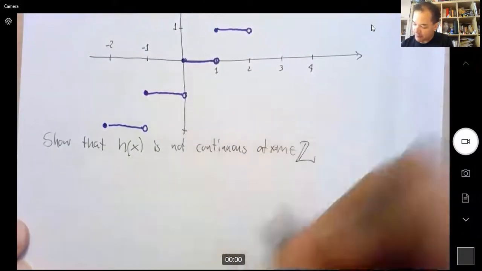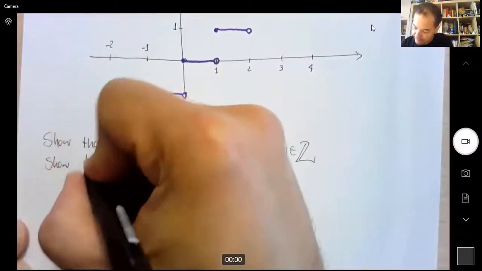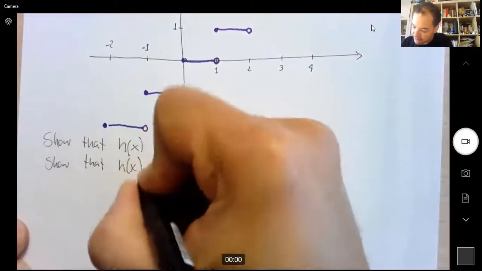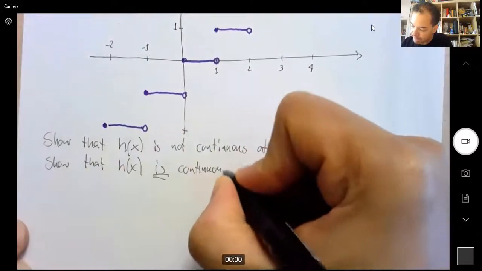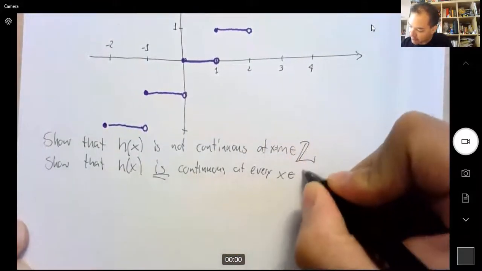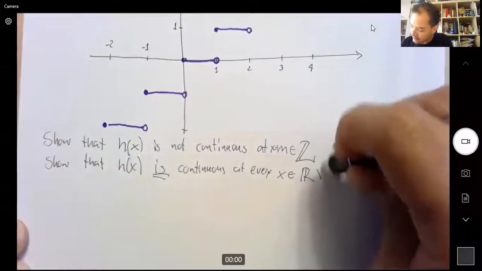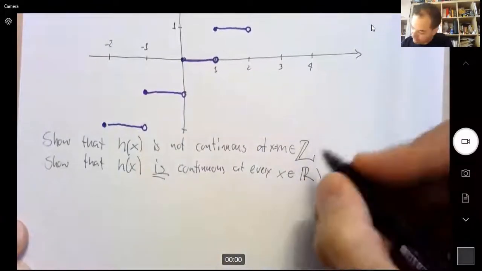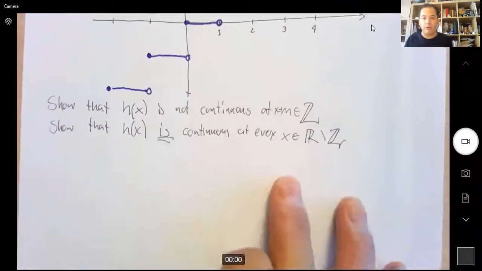And on the other hand, show that h is continuous at every x that belongs to the reals but is not an integer. Okay, that's what we want to do.